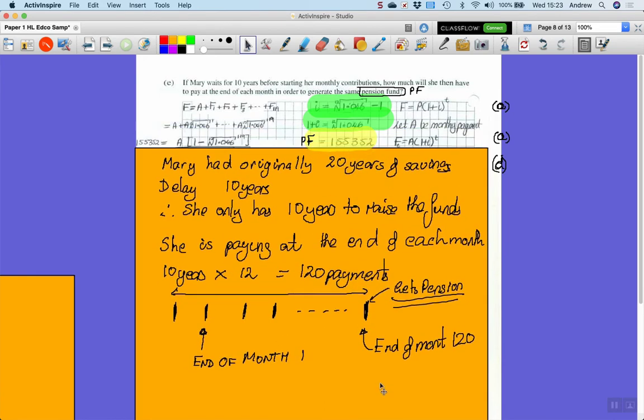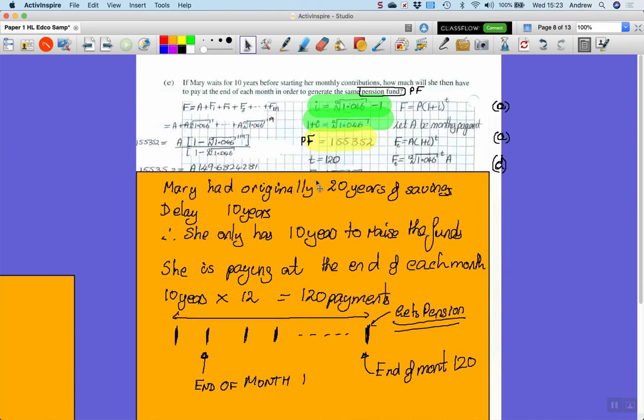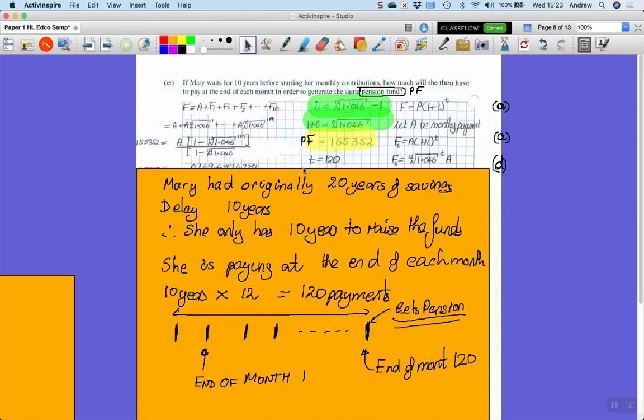Mary had originally 20 years to save. She delayed it 10 years. She only has 10 years to raise the funds, which means she is paying at the end of each month for 120 payments. So that value is the number of payments, not really the value of t. My bad.